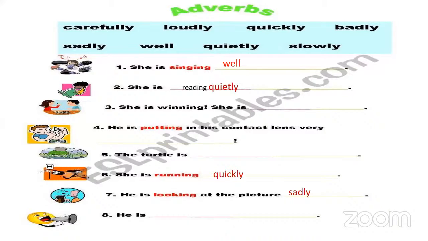You can guess the action by looking at the picture. She is reading. How? Quietly. We read books quietly in the library. You read, she reads. How? Quietly.